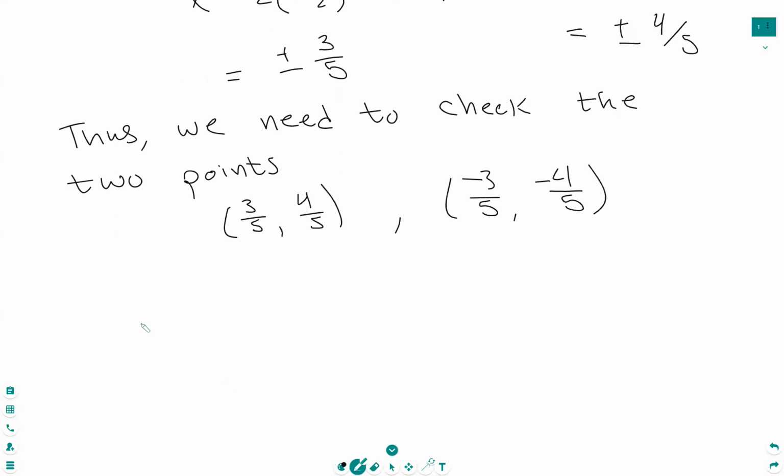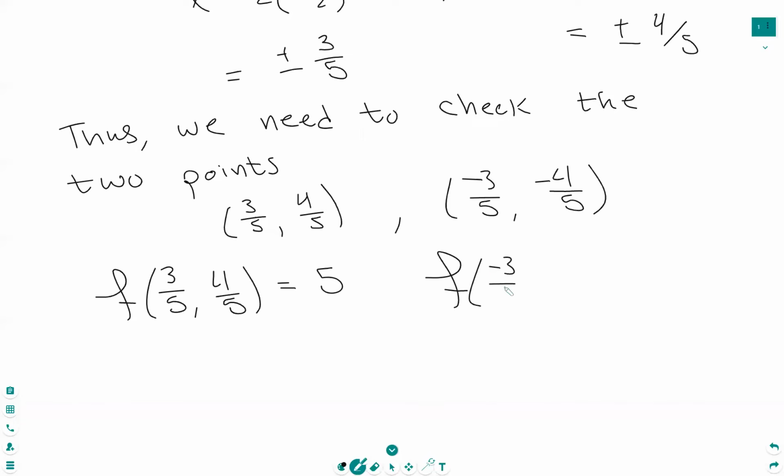So we plug those in. So f at 3/5, 4/5 is equal to 5, and f at negative 3/5, negative 4/5, plug that in, and I get negative 5.